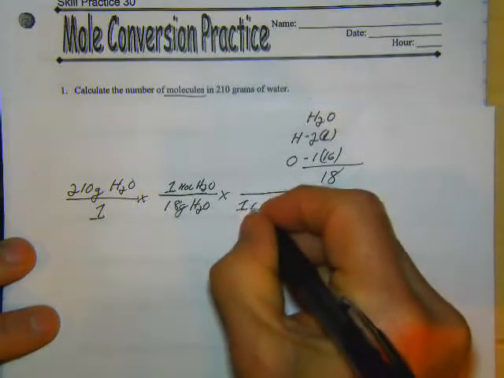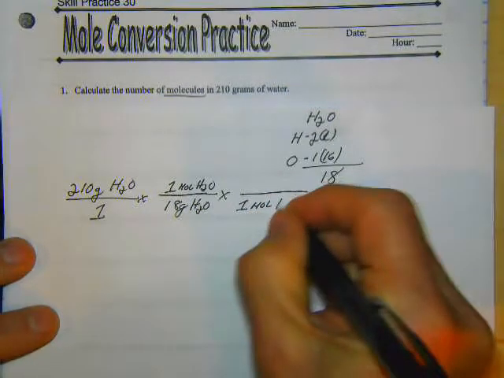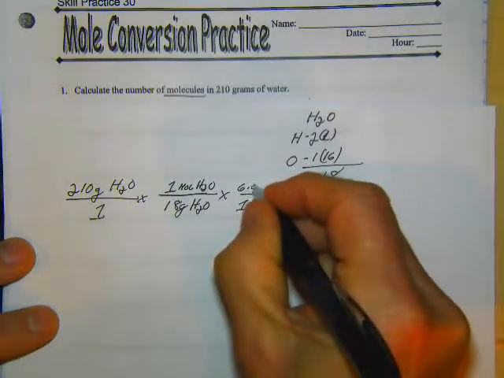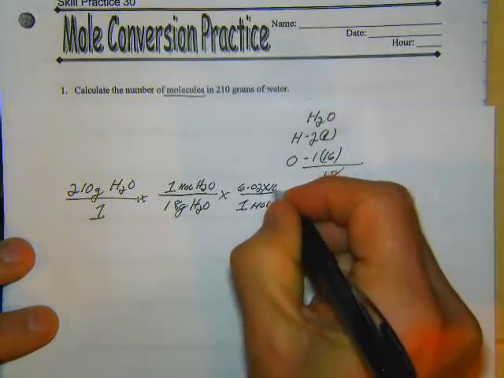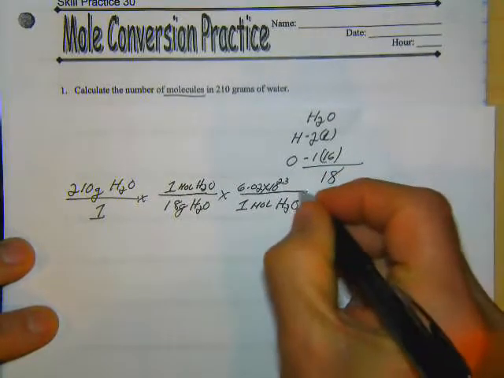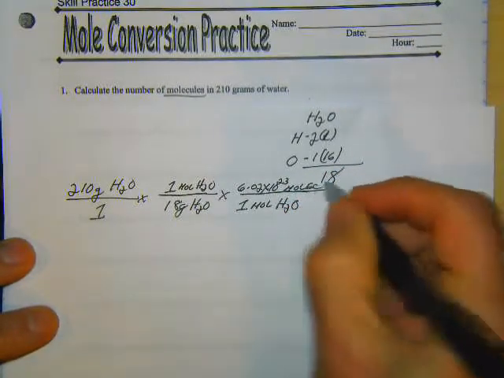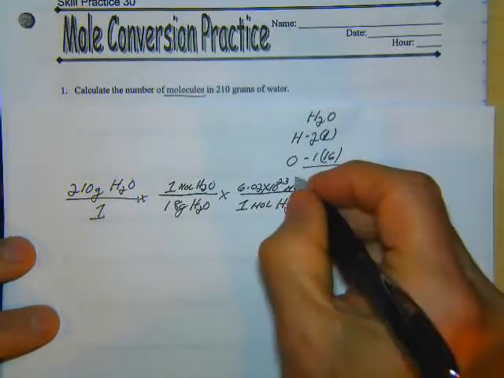In 1 mole of water, there are 6.02 times 10 to the 23rd molecules. And I'm just going to shorten that, I'm not going to write the whole word out, of water.